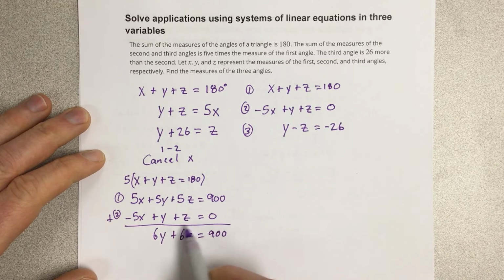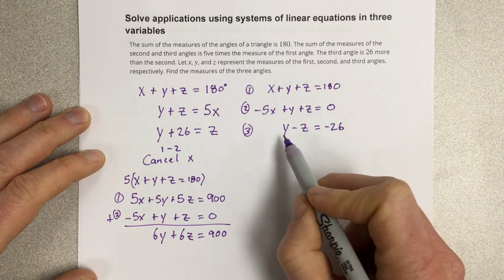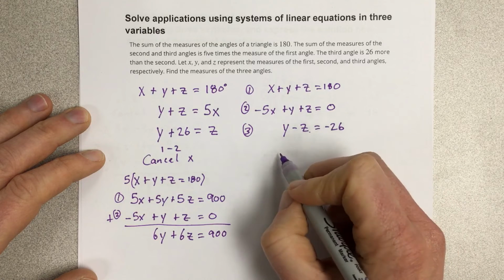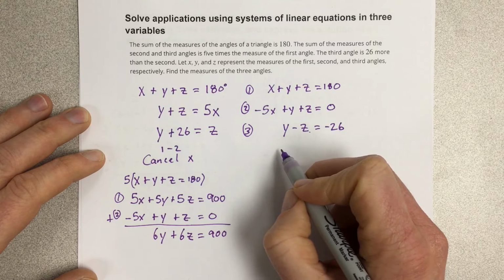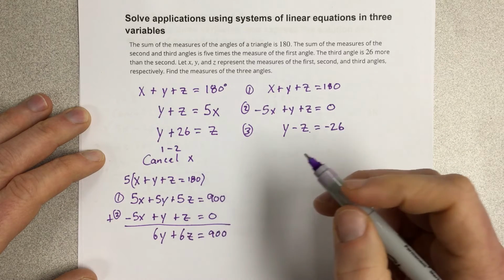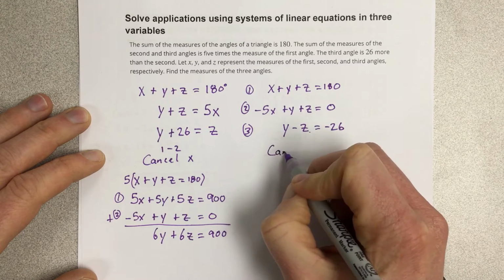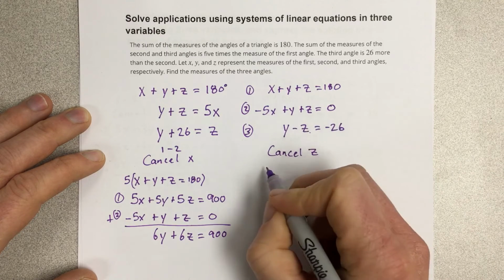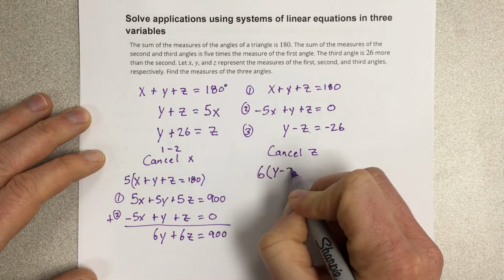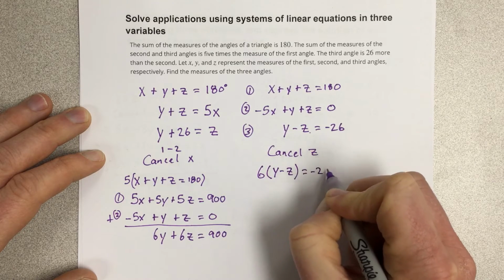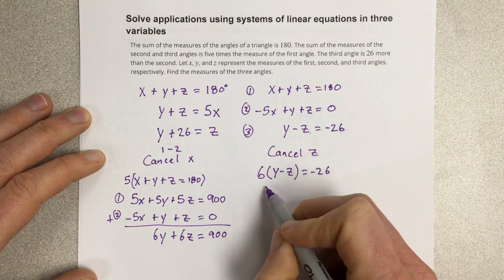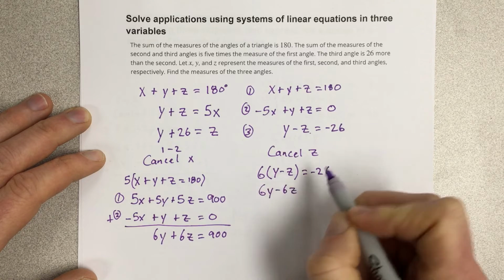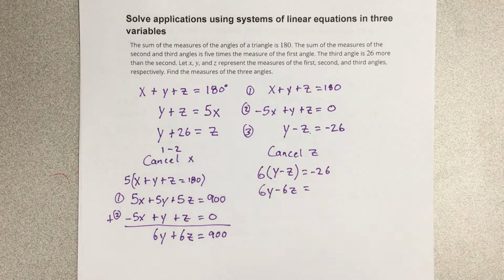And then we're going to take this and use it with the third equation because we just have y and z there. We first need to decide how we're going to cancel z or y. I think we should cancel z. If we're going to cancel z, we're going to multiply this equation by 6. So 6 times y minus z equals negative 26. That would be 6y minus 6z equals 6 times negative 26, which is negative 156.